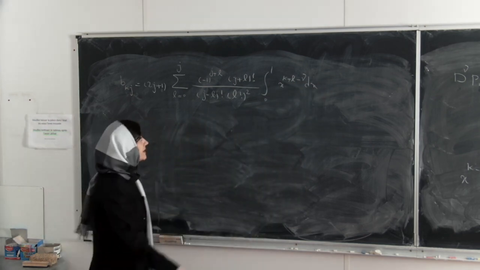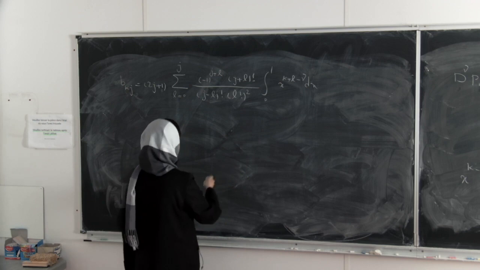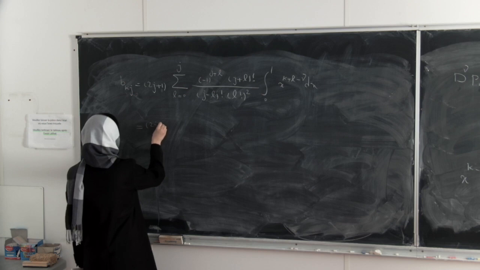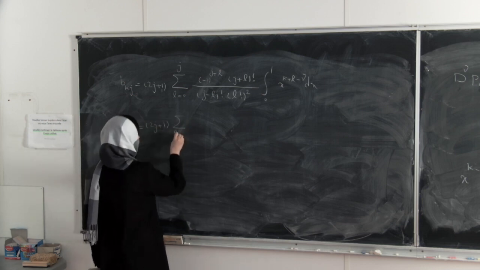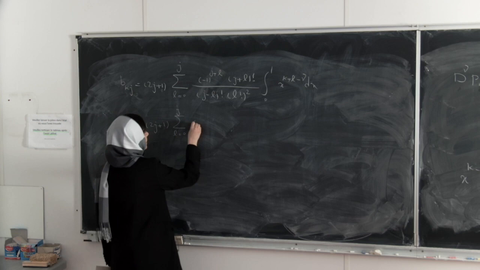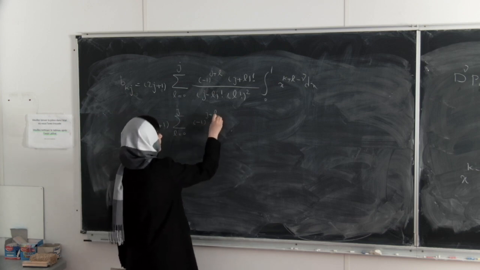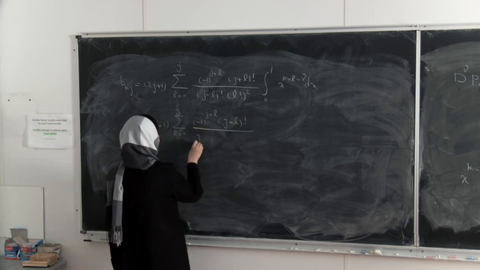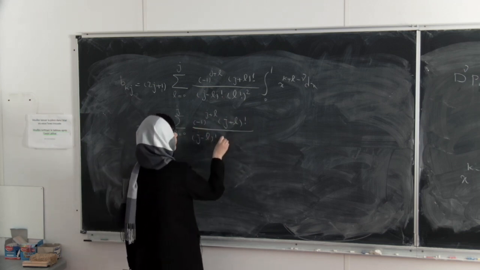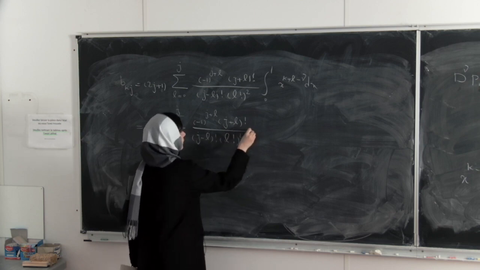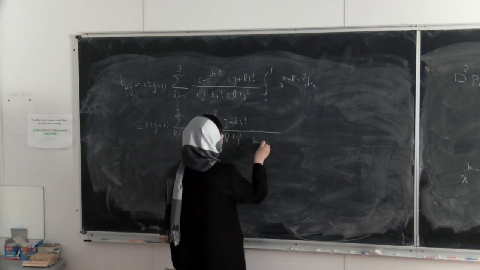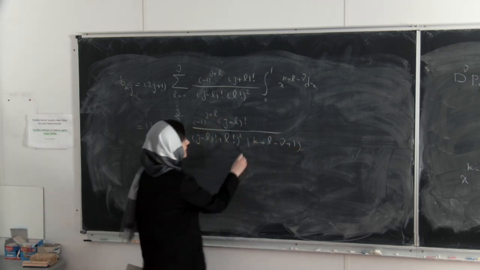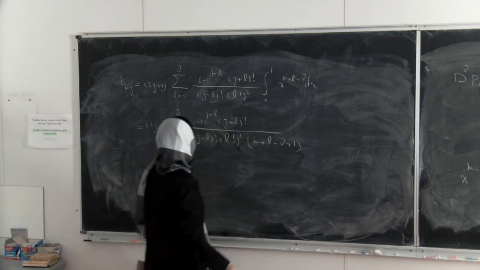It is a simple integral, and I can write it as 2j plus 1 times the summation over L from 0 to j, divided by k plus L minus nu plus 1. That is the answer for the integral.